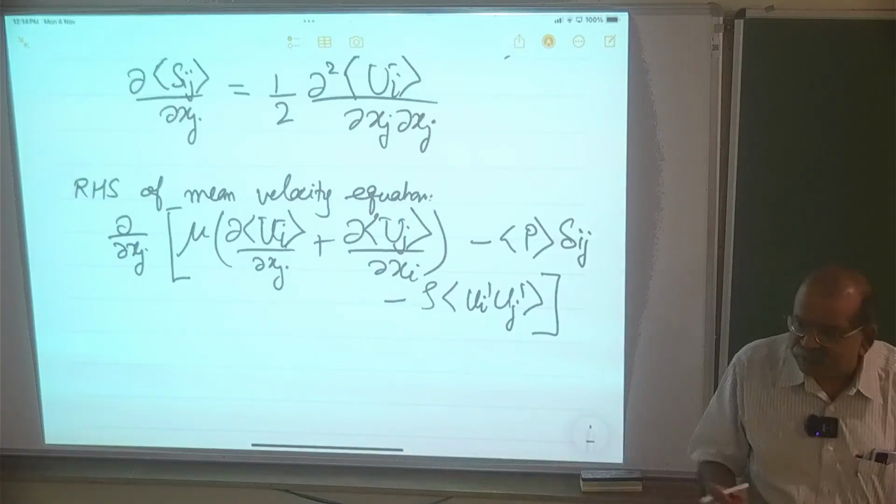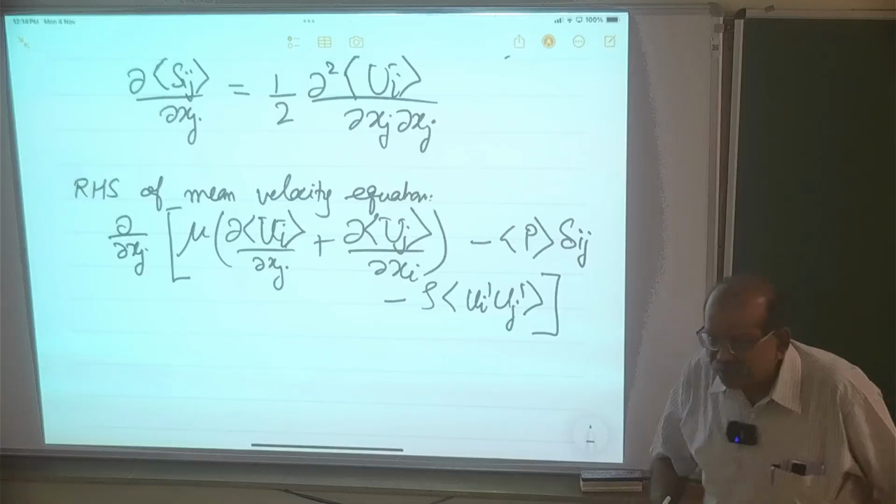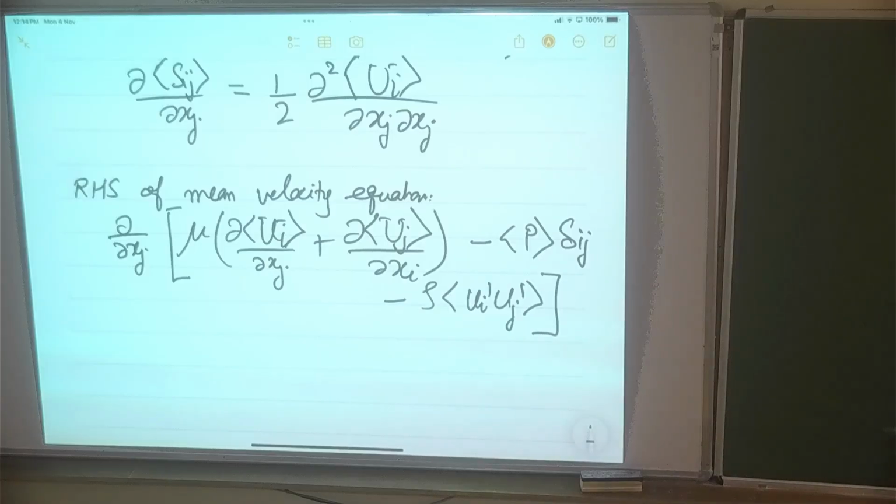Now, the reason we write it like this is all the three terms on the right hand side, at least two of them we are very familiar.